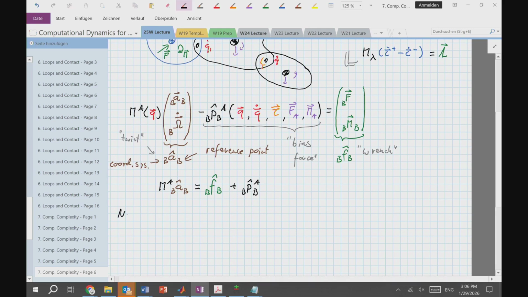If we work with these vectors, we have to think about coordinate systems and reference points at the same time.